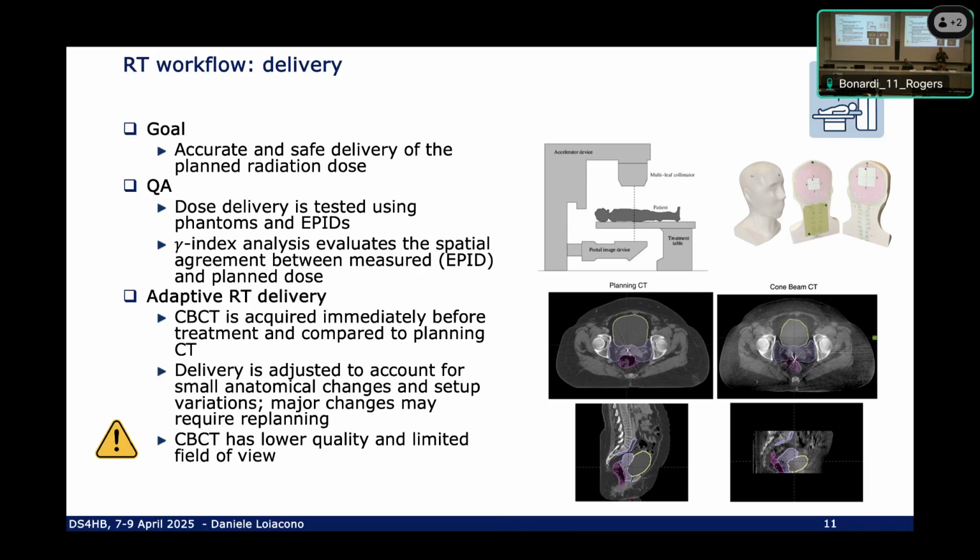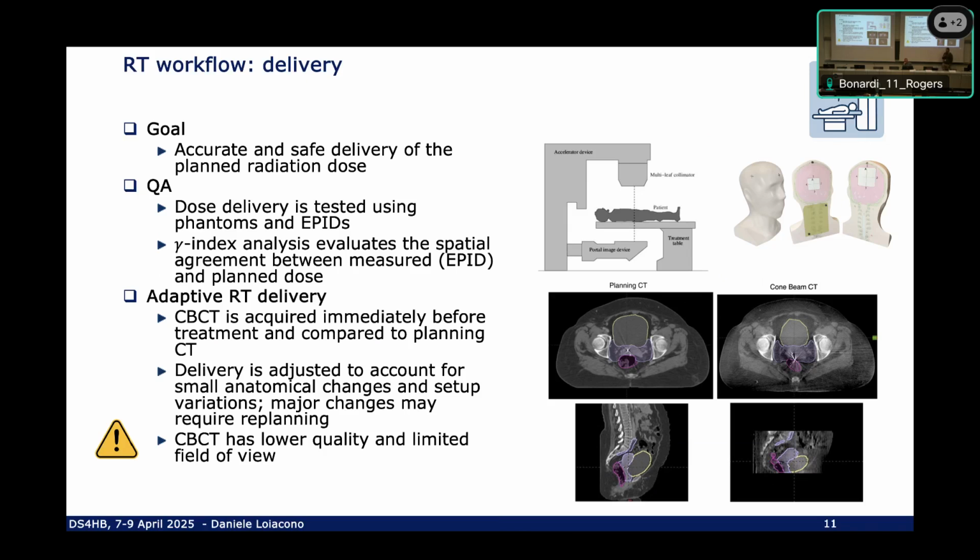So every time before each delivery, we want to acquire again the anatomical data of the patient and compare our original plan with the current anatomy of the patient by, for example, adjusting the plan slightly, or in case of major changes detected, doing a partial replanning of the delivery.